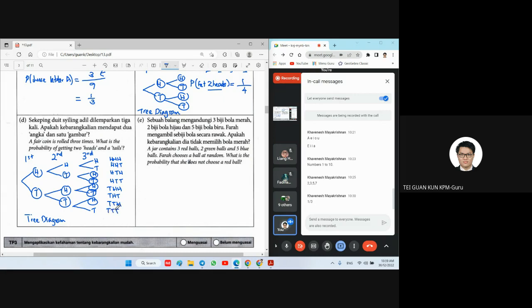So apa yang saya sedang buat ni adalah untuk cari apakah possible outcomes. Apakah outcomes yang saya dapat apabila saya baling duit siling. So macam mana nak tahu dia punya outcomes? You kena buat ni lah, tree diagrams. Faham tak? Understand?